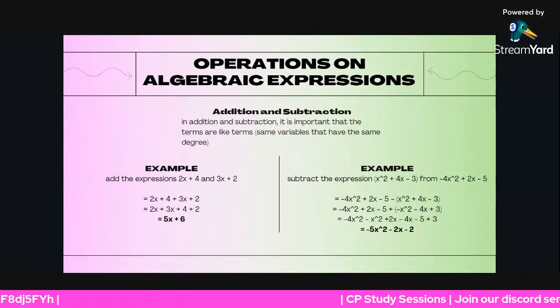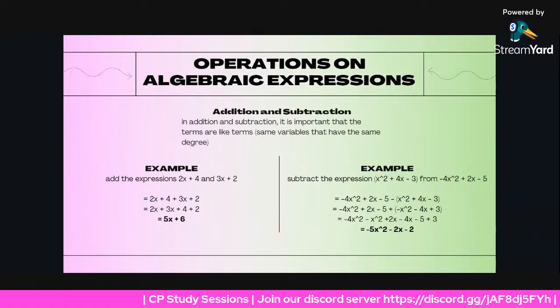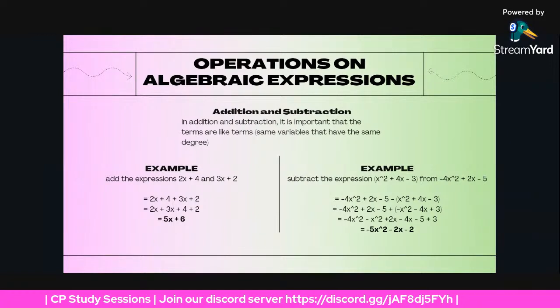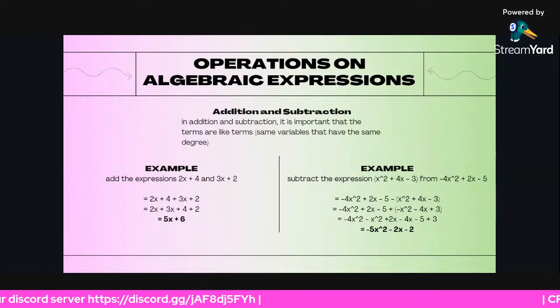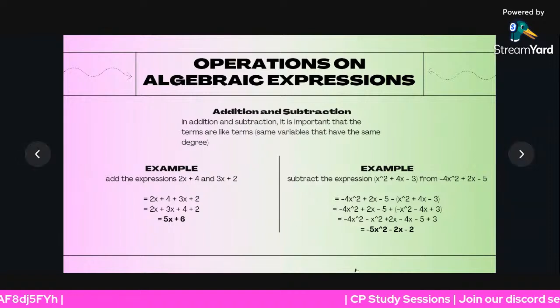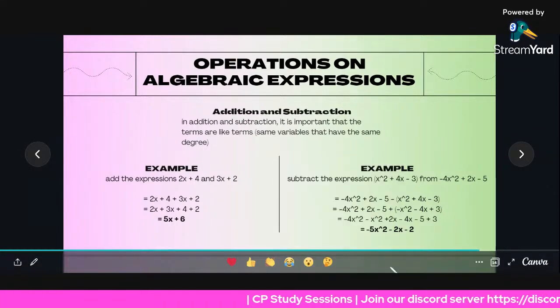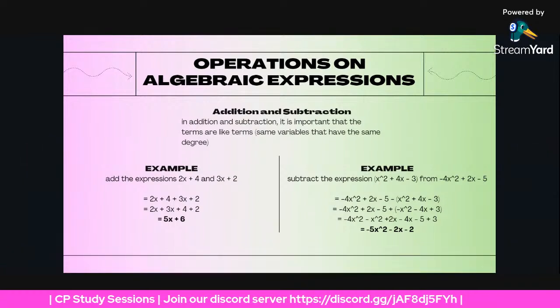So, if you subtract the expression x squared plus 4x minus 3 from negative 4x squared plus 2x minus 5, you'll get an answer of negative 5x squared minus 2x minus 2. So, malinaw ba yung addition and subtraction?